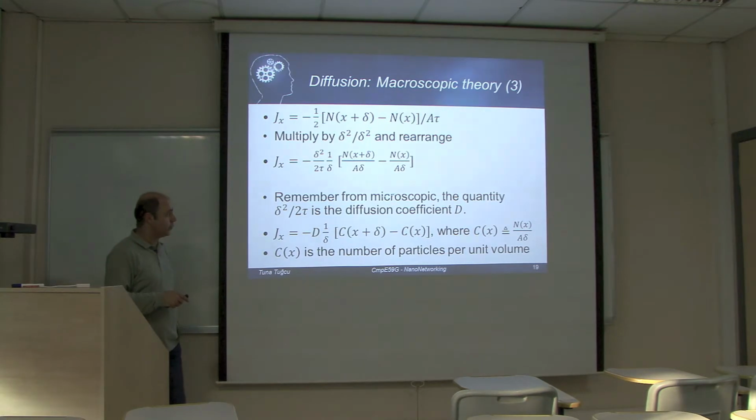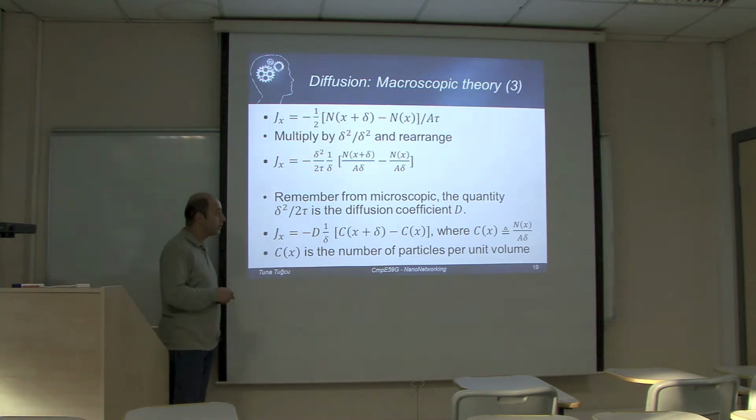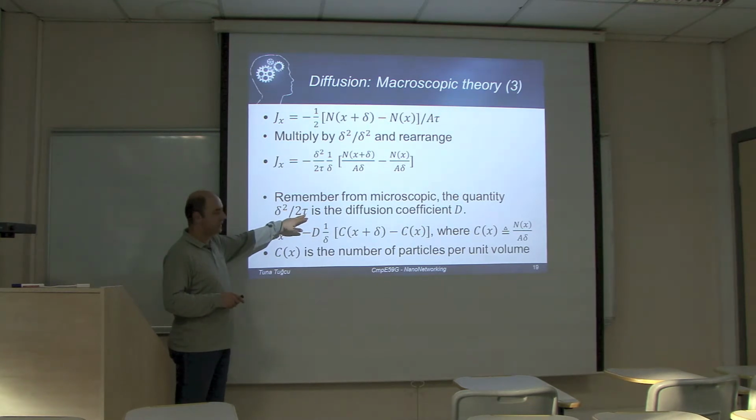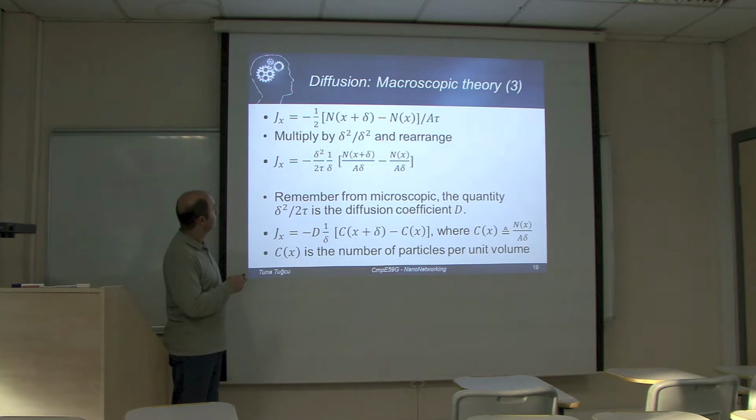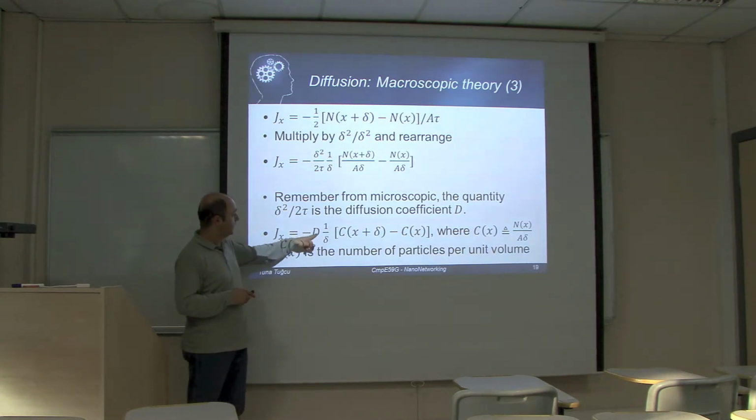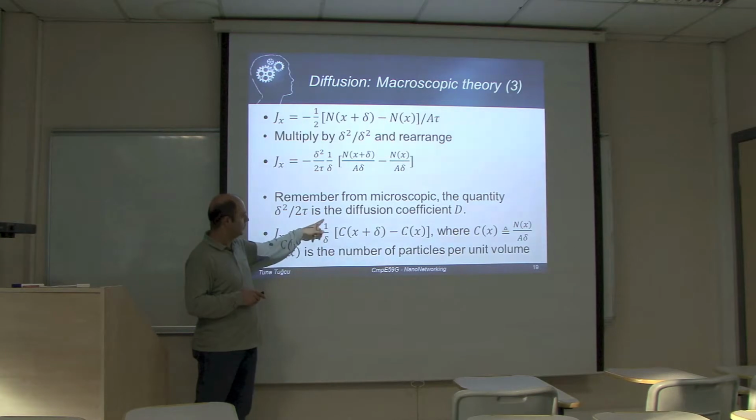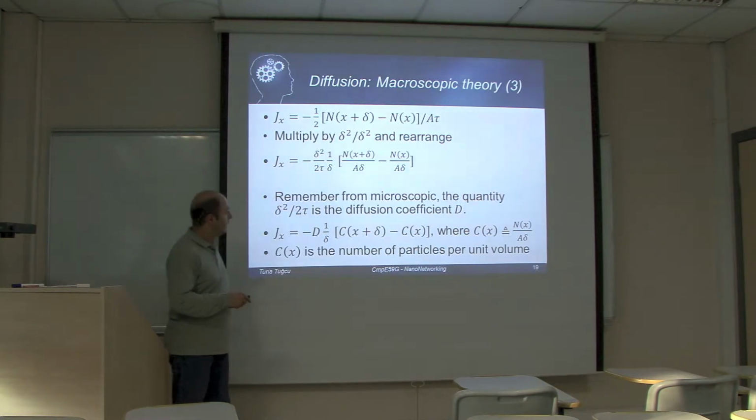Now remember from the macroscopic theory discussion that the quantity delta square over 2 tau is what we define as D. This thing is D, the diffusion coefficient. So the flux would now become minus D times 1 over step size times, this is what?